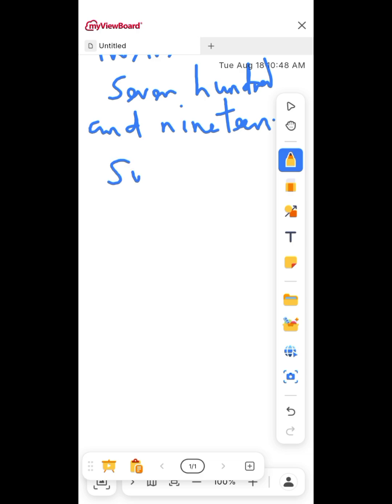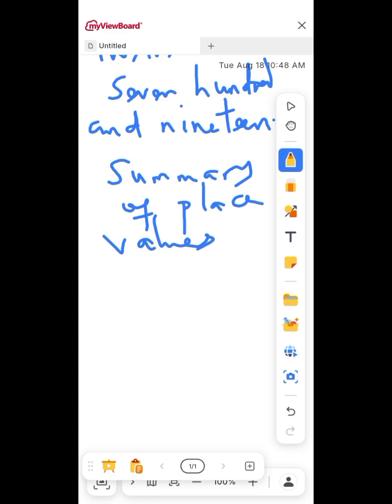Any number, you should follow this pattern. Summary of place values. What is the first place value?